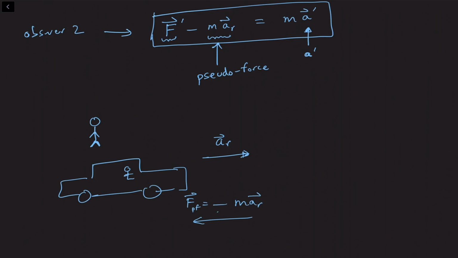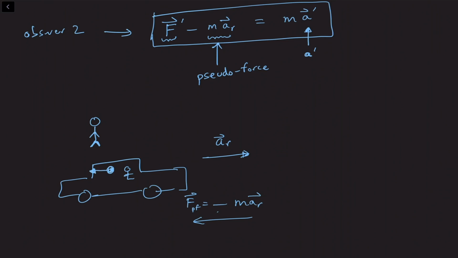And this is just due to the fact that her car is accelerating to the right, and as she accelerates, objects in the car which are not acted on by anything would appear to be accelerating. For example, imagine that there's a balloon floating around in this car. It would appear to her to be accelerating backwards with an acceleration AR.